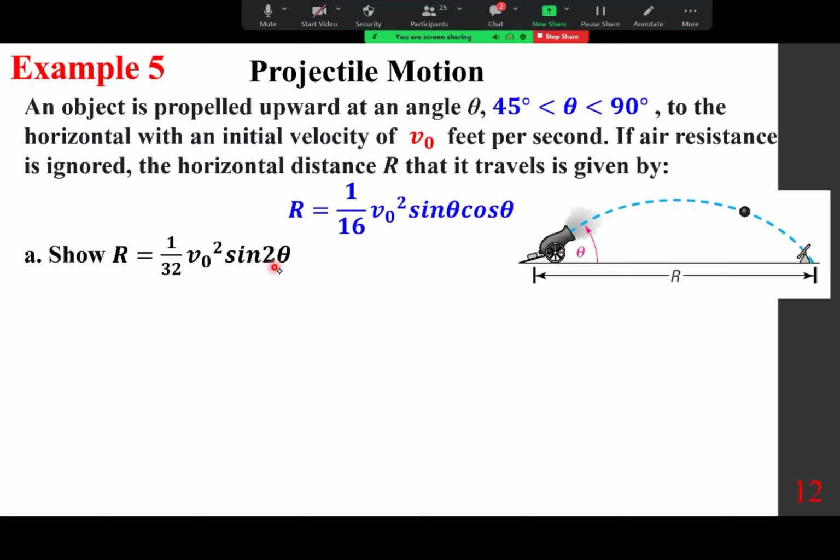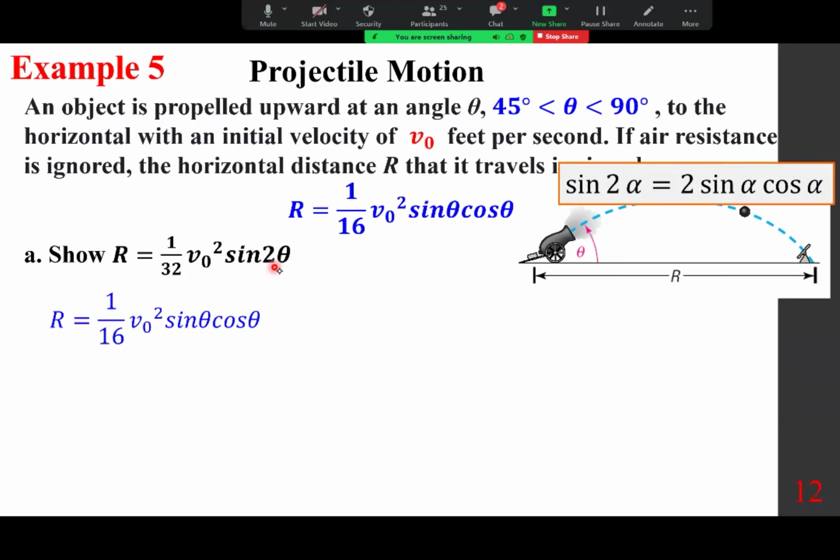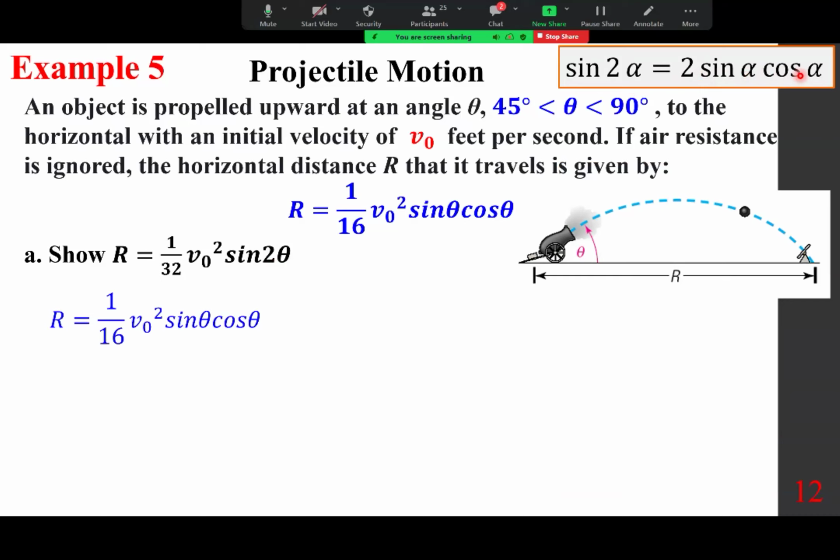It's pretty straightforward, this part. We know sine of 2 alpha is 2 sine alpha cosine alpha. So this part is half of sine 2 theta.